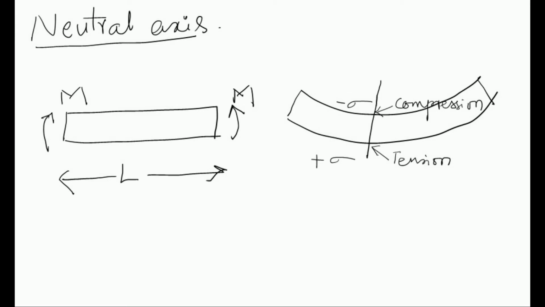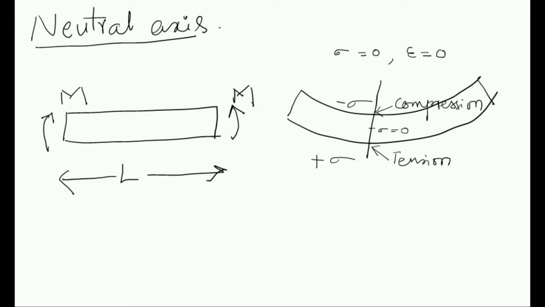What this means is that there is a point somewhere between these two on that line where the stress is zero. When the stress is zero, your strain is also zero. What that means is there is no deformation.